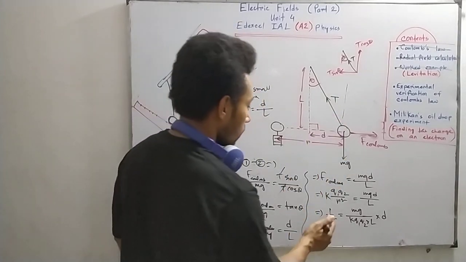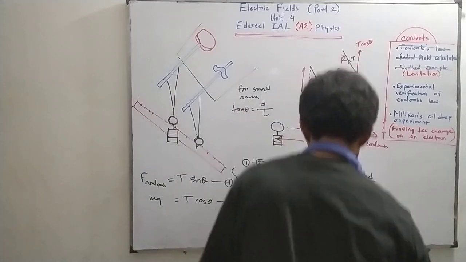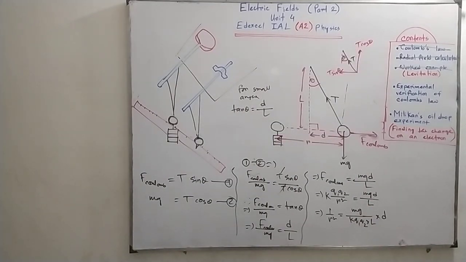Considering it with y is equal to mx, y is 1 by r square, and x is d.